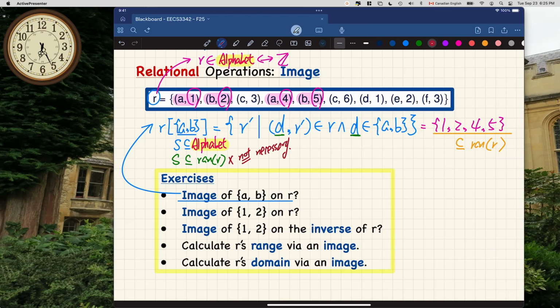Okay? Let me give you the extreme case. If I say R, and then I would say G. This one here is valid to write because this one here is a subset of the alphabets.